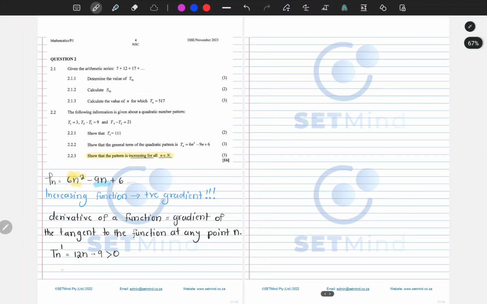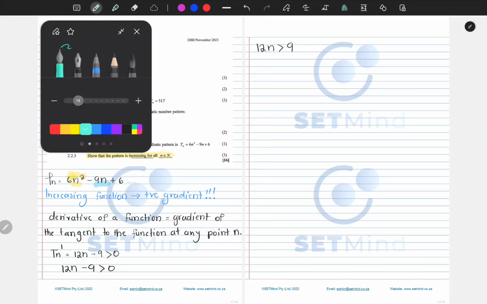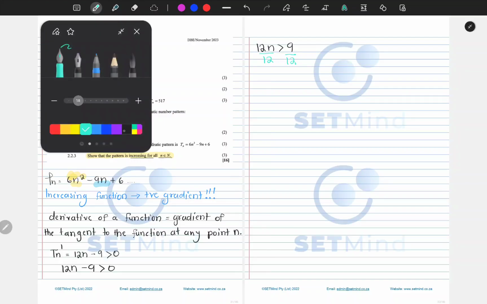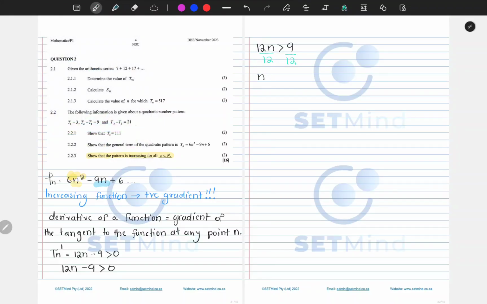So we have 12n minus 9 greater than 0. If you transpose, you'll have 12n greater than 9. Then simply divide by 12, because we are interested in n. So n is greater than 9 over 12, which when you factor out the 3 is just 3 over 4.